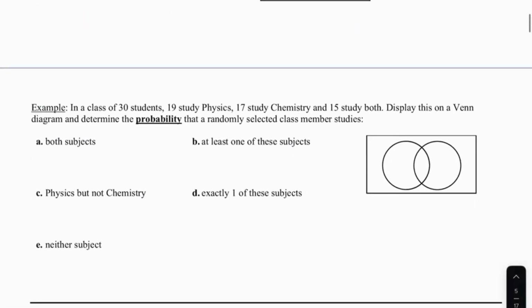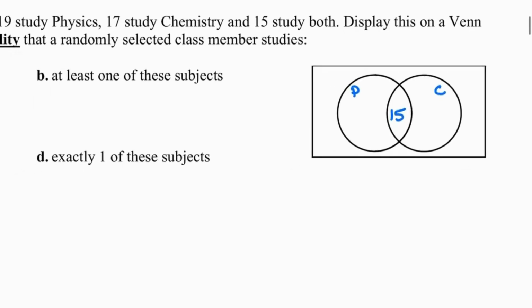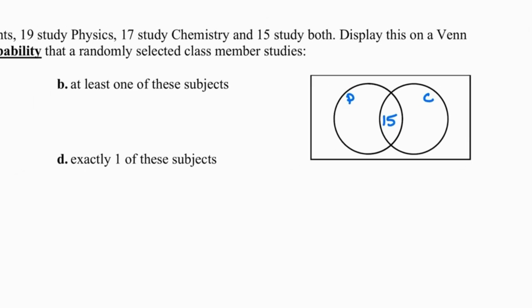In a class of 30 students, 19 study physics, 17 study chemistry, and 15 study both. So I'm going to make a P here for physics, a C here for chemistry. The easiest thing to fill out is that we have 15 that are in both. But they said that 19 were in physics altogether, so how many are just doing physics? 4.